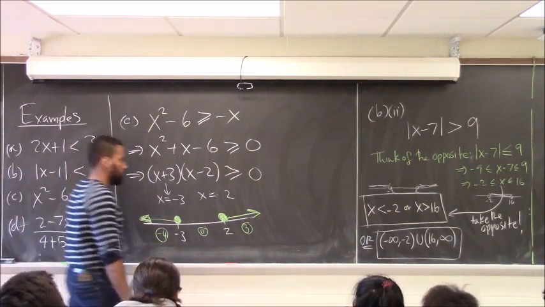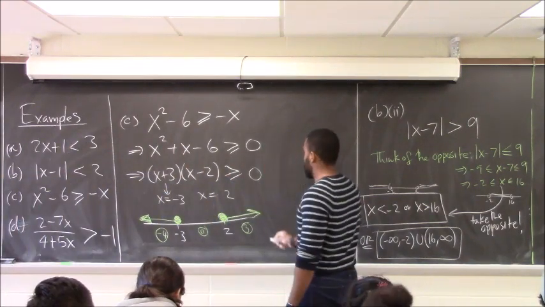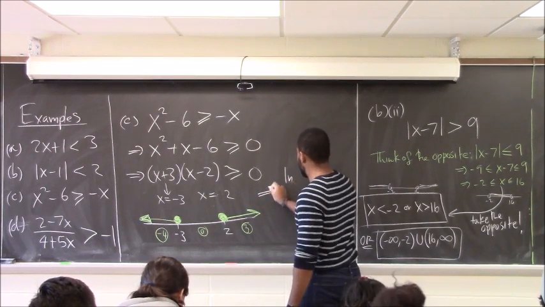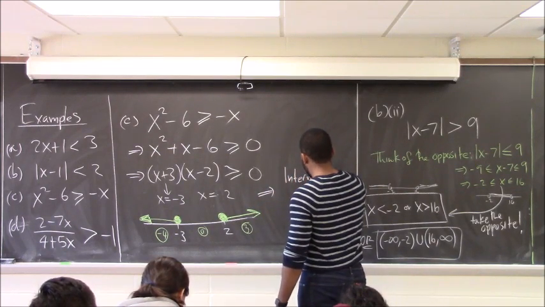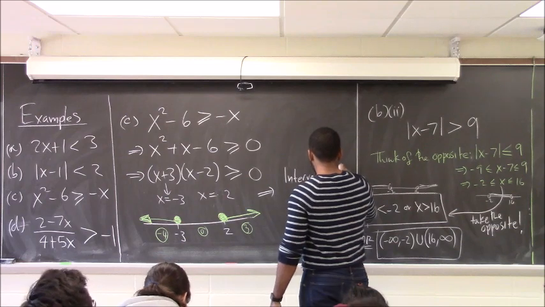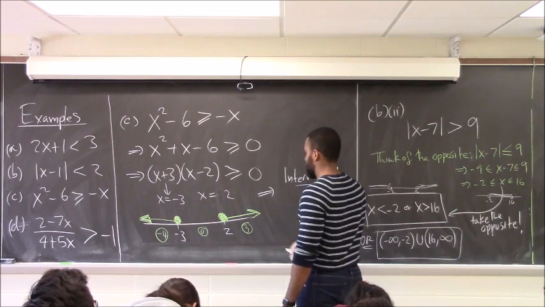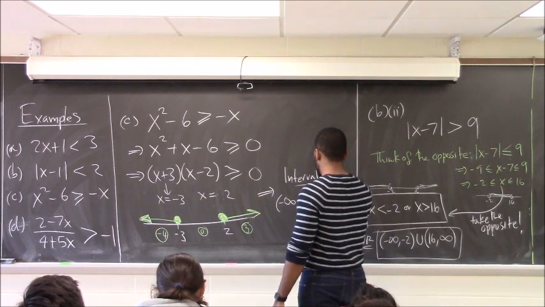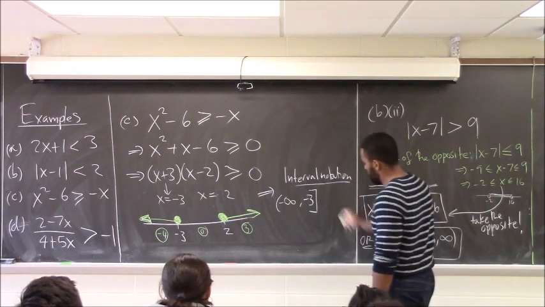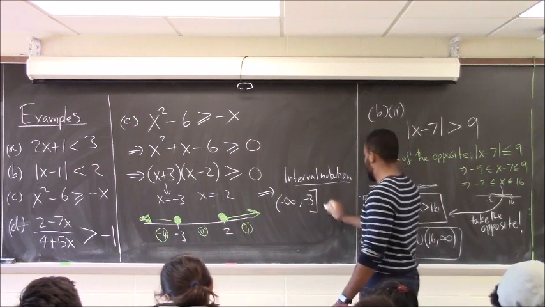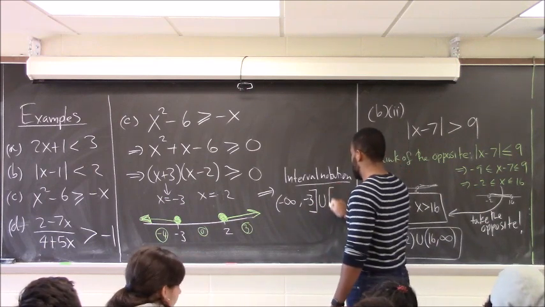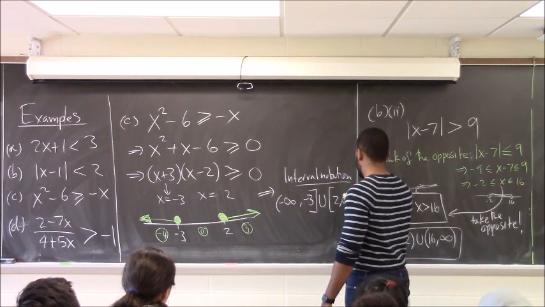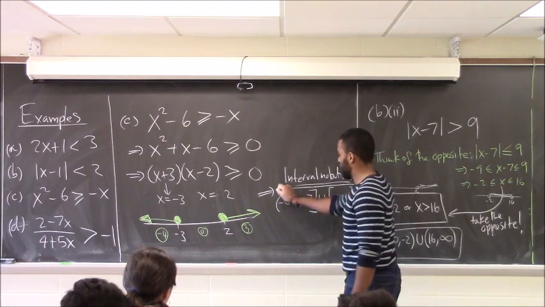That's how you know what to pick. So in interval notation, it is from negative infinity up to negative 3, including negative 3, so you put this bracket, union 2 to infinity, and that is your solution.